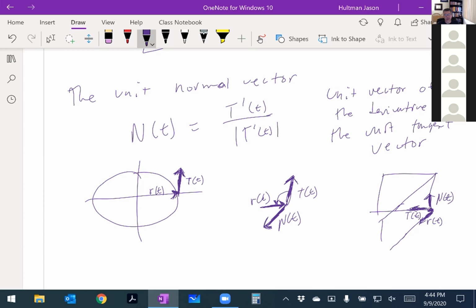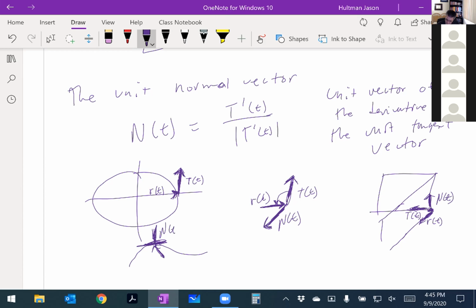So that's for a circle. Now it's not always going to be that clear cut, but N of t will always be normal to the other two. Even if it's not a nice r or T, it's still going to be orthogonal.